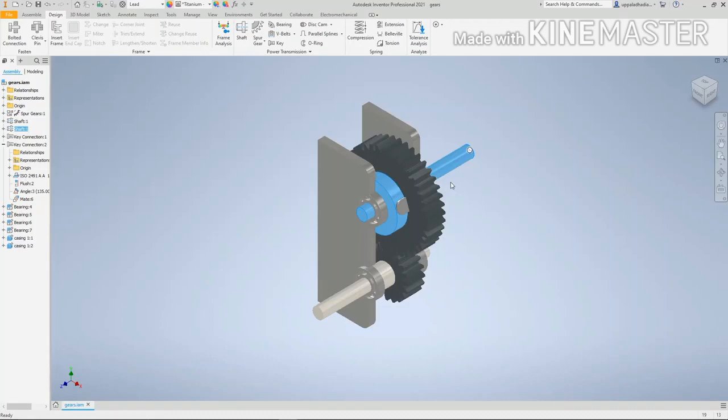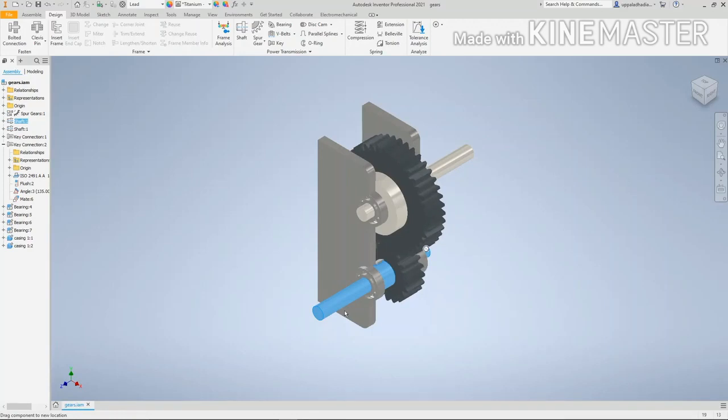If three shafts are provided in a single gear train, then the direction of rotation of the first gear and the third gear should be the same. And if only an even number of shafts are provided, then the first shaft and the last shaft will rotate in opposite directions.